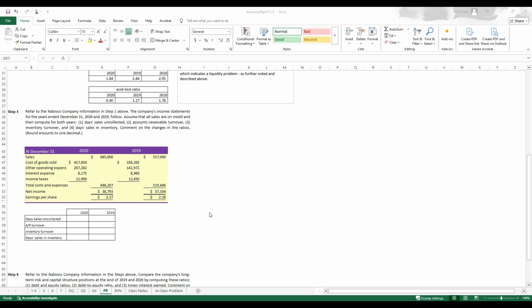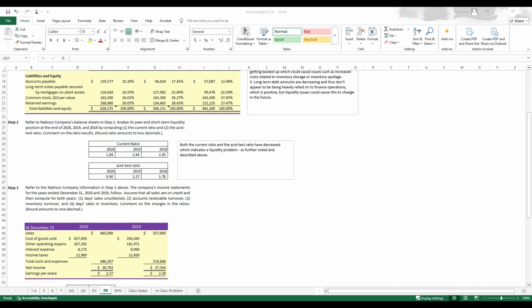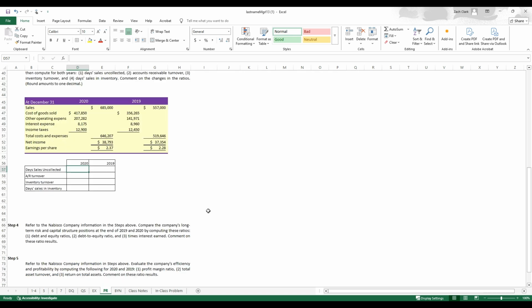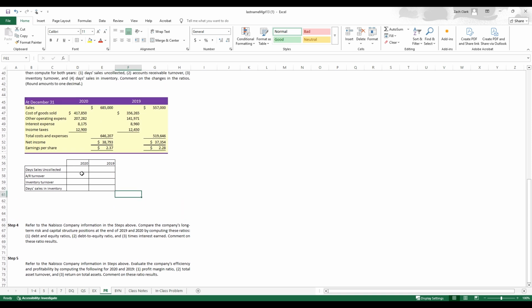So AR divided by net... I want to say average AR, but I need to refresh myself on whether it's average AR or just ending AR. Bear with me for one moment. Okay, so it's ending AR, not average AR.